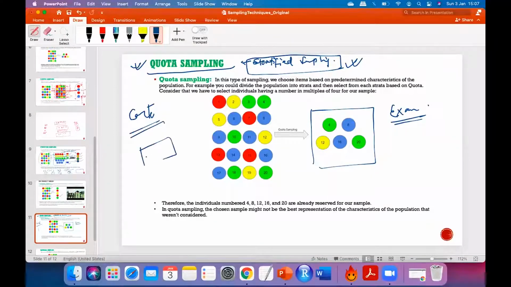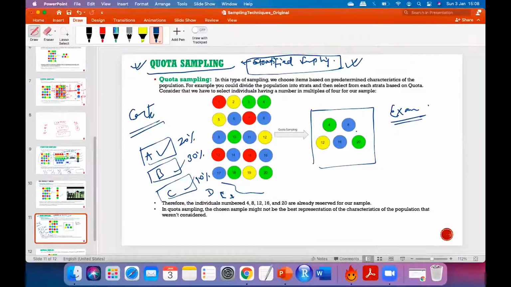So I have a quota of people belonging to category A, category B, category C. I have to have 20% people from this, 30% for this, 10% for this, and the rest for C, D, E, F, G, H, or the rest for this. Correct? You understand what I'm saying?